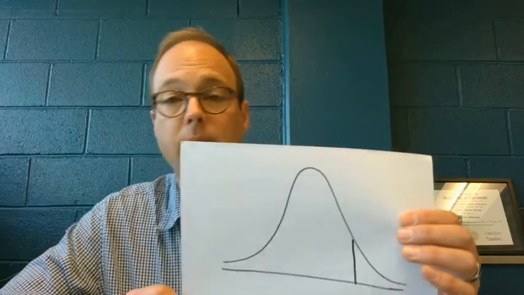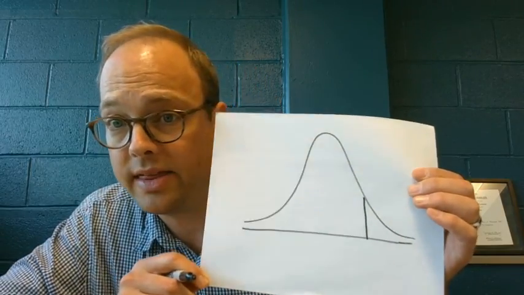Now, sometimes, again, depending on the wording of the hypothesis, sometimes you will have a t-probability distribution that looks like this.